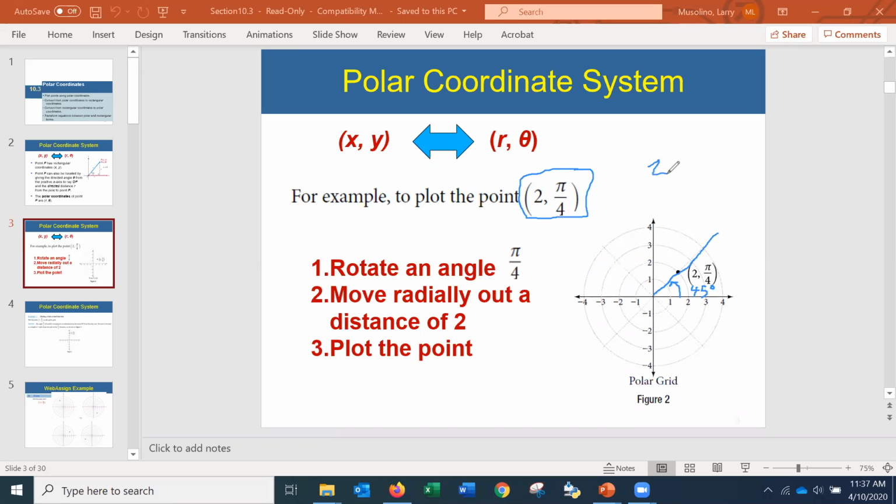But I want to go out a distance of 2 along that blue line. So I walk out until I get to the circle that represents r equal 2. And at that point is the point 2 comma 45 degrees.